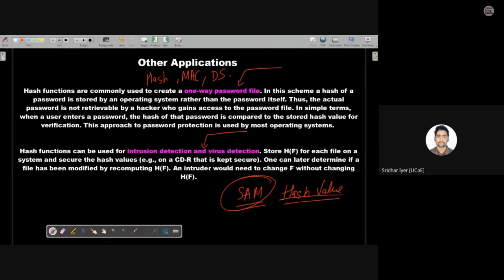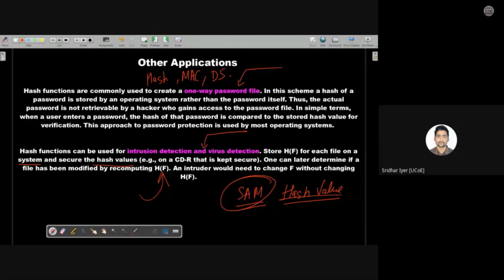Fine. Second application is intrusion detection and virus detection. What they do is they store the hash function or hash value for each file on a system. सिस्टम में जितने भी फाइल्स हैं उन सब फाइल्स को एक साथ वो हैश करते हैं एंड दे स्टोर दी हैश वैल्यूज सो दैट दे कैन बी यूज्ड whenever we want to verify whether अपने सिस्टम पे किसी ने अटैक किया है, अपने सिस्टम के फाइल्स को किसी ने चेंज किया है या नहीं.